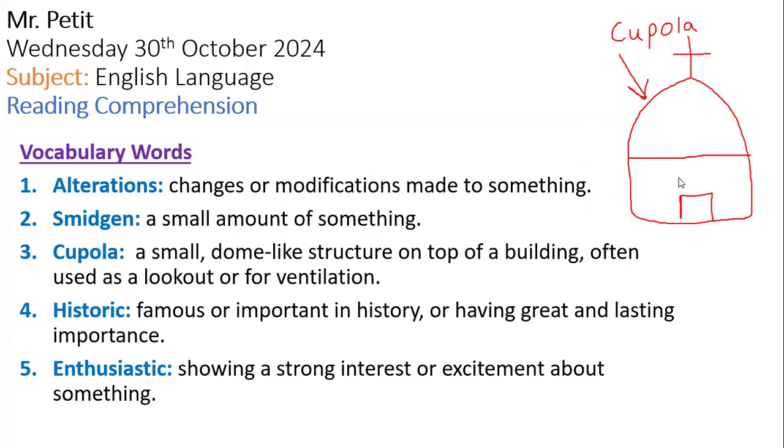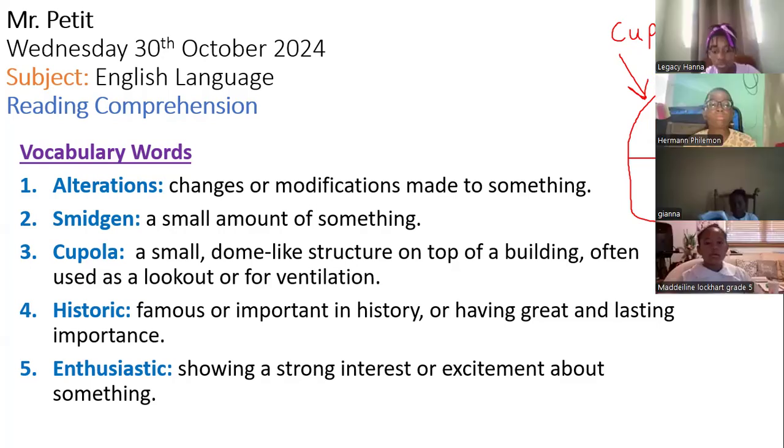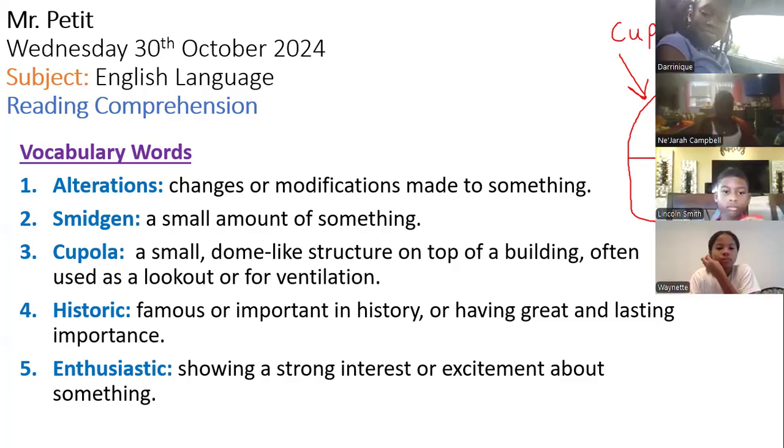Okay, now that that's over, I'm going to put the picture on the screen and you're gonna type inside the chat what word you think it represents. So we have alteration, smidgen, cupola, historic, and enthusiastic.